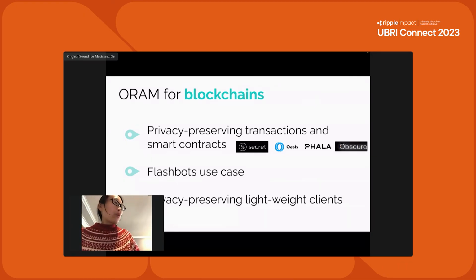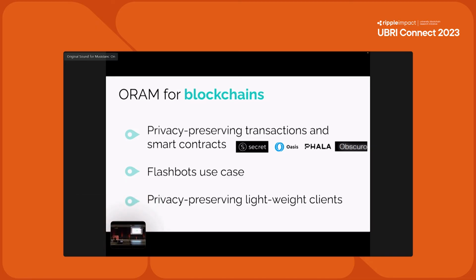Blockchain applications. So there are actually many interesting applications in the blockchain context. For instance, if you want privacy preserving transactions as smart contracts, there are many projects using trusted hardware for privacy, but today they're not using ORAM. For this reason, today's implementation doesn't actually give the promised security.